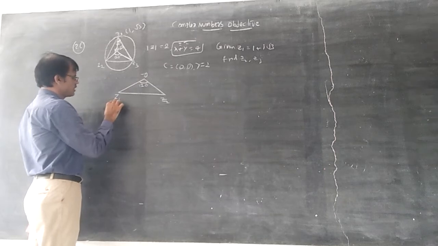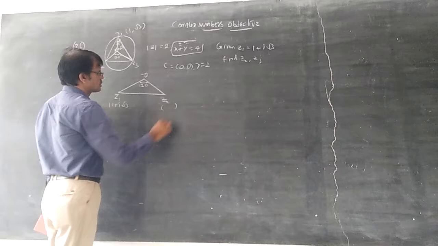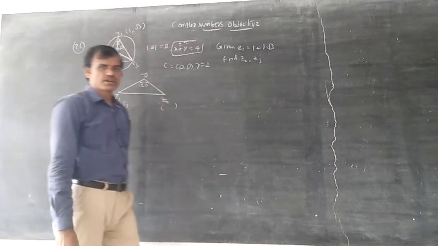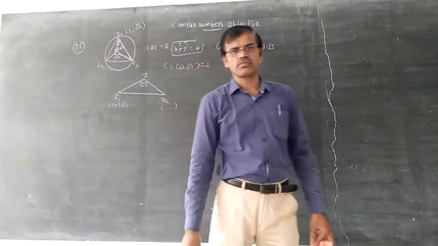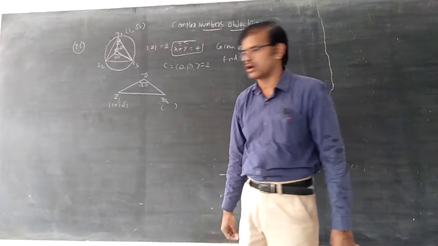Z1 is given as 1 plus i root 3. We need to calculate Z2. So write the formula. If one vertex is the origin, the concept: Z1 by Z2 is equal to modulus of Z1 by modulus of Z2 into e power i alpha.